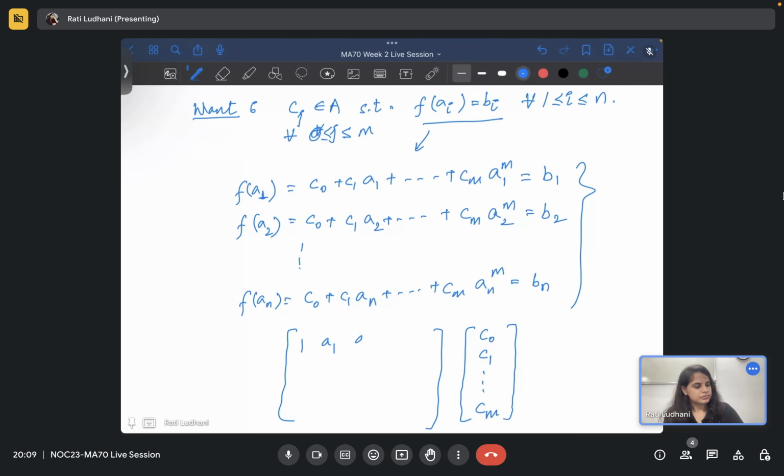If I can figure out the coefficients, then I can say this f is equal to sigma. So I can write it as a matrix: a row of 1, a_1, a_1 square up to a_1 raised to power m, which multiplied by the coefficient vector will give the first equation. One more row: 1, a_2, a_2 square up to a_2 raised to power m, and 1, a_n, a_n square up to a_n raised to power m.